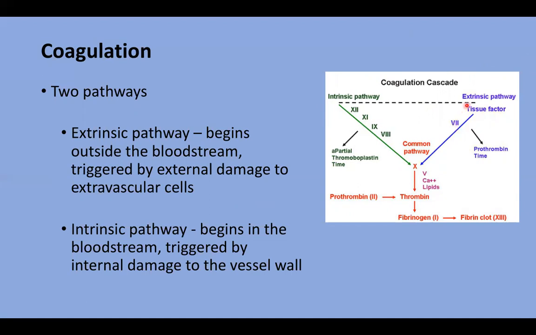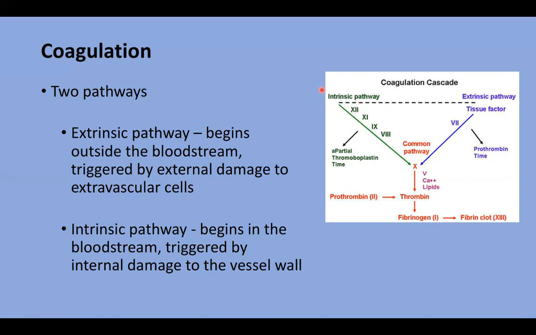You can think of exit, which starts with EX. Extrinsic means outside, so you take an exit to leave or go outside. So the extrinsic pathway begins outside the bloodstream, and because of that, it's going to be triggered by external damage to extravascular cells. Extravascular just means outside the vessel cells. So damage in the tissues.